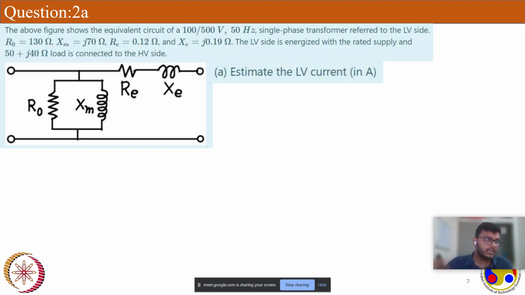In a transformer, that's the principle. V1 by V2 is N1 by N2. So now we have just divided those two equations. You are asking about the relation between voltage and turns.